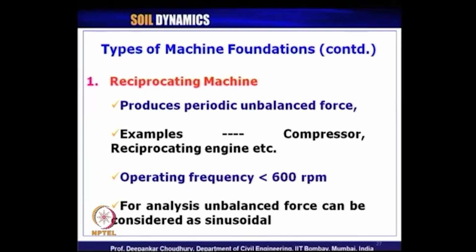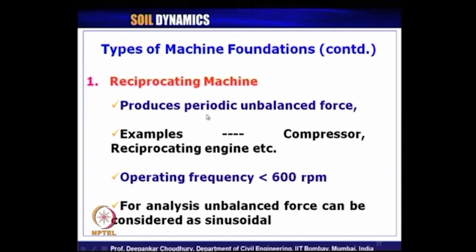So, in our SI unit, when we are doing calculations, we need to convert this RPM to cycles per second, right? And for analysis of such a machine foundation, generally the unbalanced force can be considered as sinusoidal, because of the first characteristic we mentioned: they generally produce periodic unbalanced force.